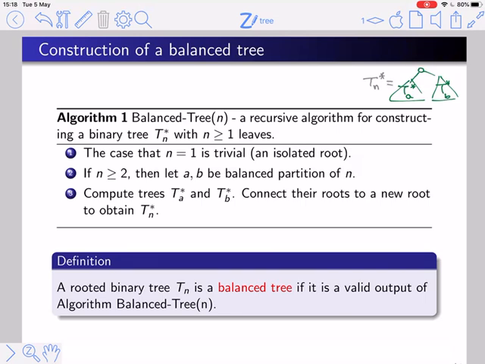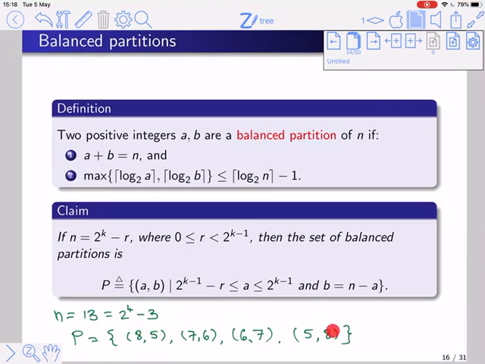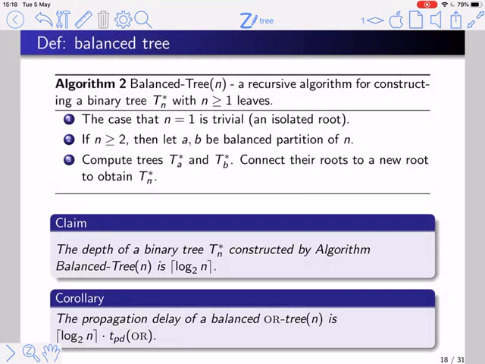Okay. Now we will say that T n is a balanced tree if it is a valid output of this algorithm for computing balanced trees. You notice that when I choose A and B, I may be able to choose more than one pair, because, for example, in the case of n equals 13, we noticed that we had 4 such pairs. And we claim that regardless of how we do this partitioning in each stage of the recursion, the depth of the outcome of the algorithm is always log n rounded up.